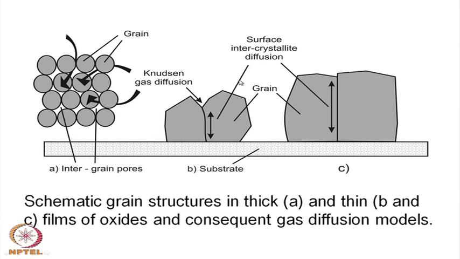So, here also the gases can come into the material, not through pores like this. That was more molecular diffusion, but here it can be atomic diffusion, and even in the form of some ions. So, gases can come in primarily through the grain boundaries.